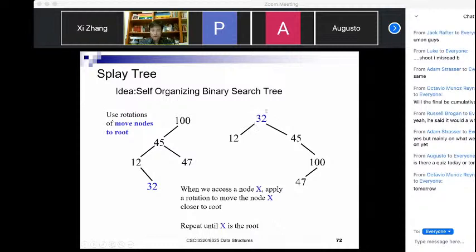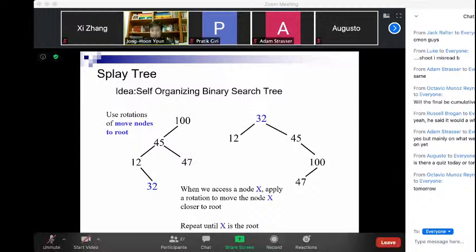And this approach somewhat makes sense because in programming, there is something called data locality. Data locality means if you access X, you will likely access X again in the near future. So keeping the most recently accessed node at the top of the tree can be beneficial.